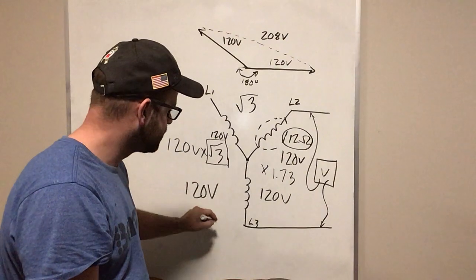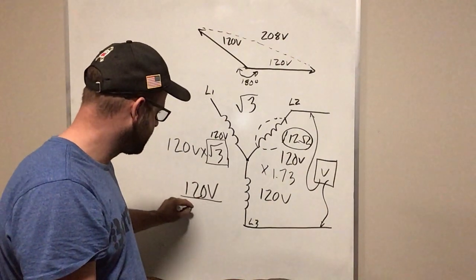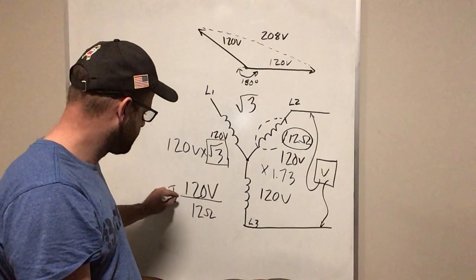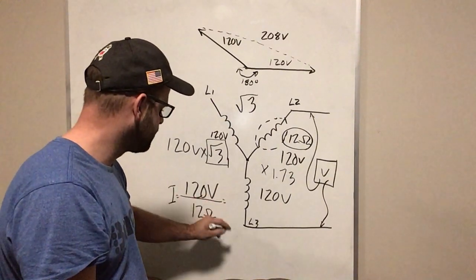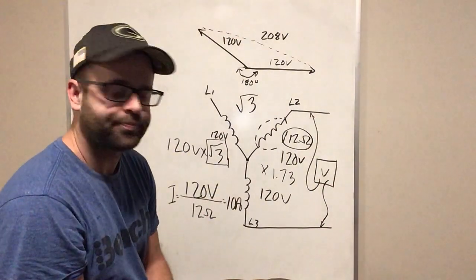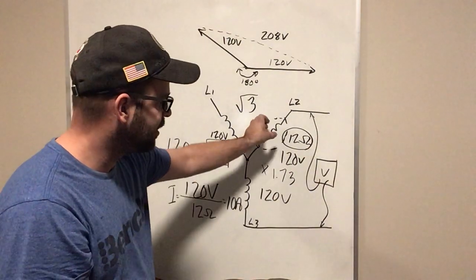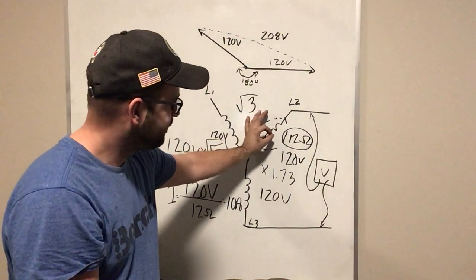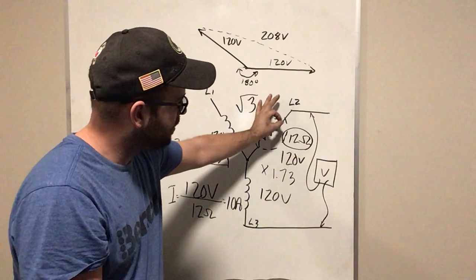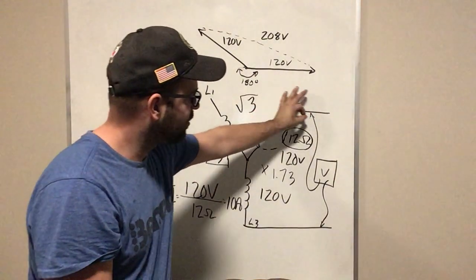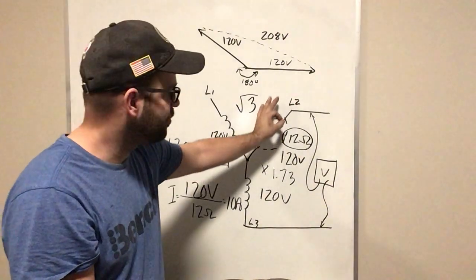120 volts divided by 12 ohms is going to give you a current of 10 amps. If I took my amp clamp and put it on that coil, it would read 10 amps, right? If I end up moving out to my line value, notice how that's the exact same point electrically.